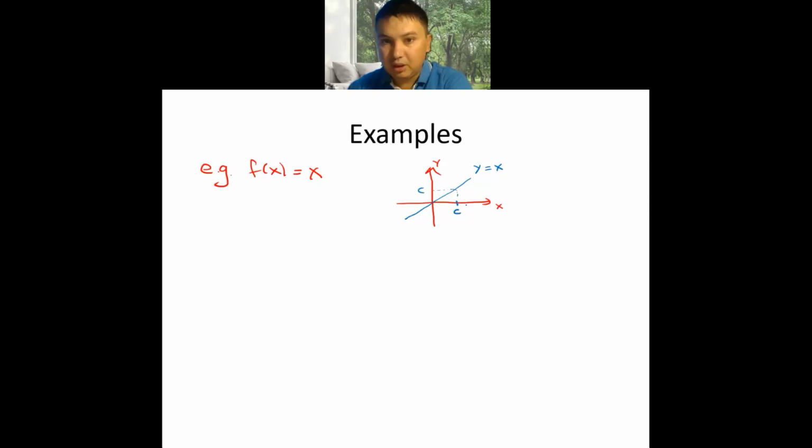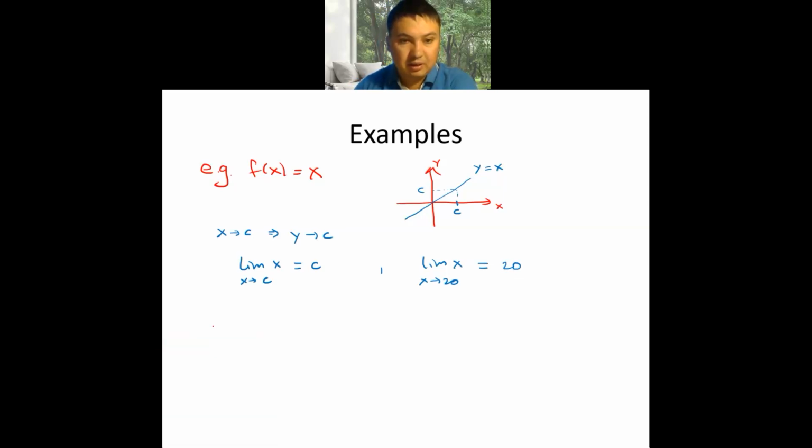Y is also C. So if you let x go to C, this symbol implies that if x goes to C, then y, which is your f, also goes to C. In other words, we can write the limit as x goes to C of f of x is C. For example, if x goes to 20, then f of x goes to 20.